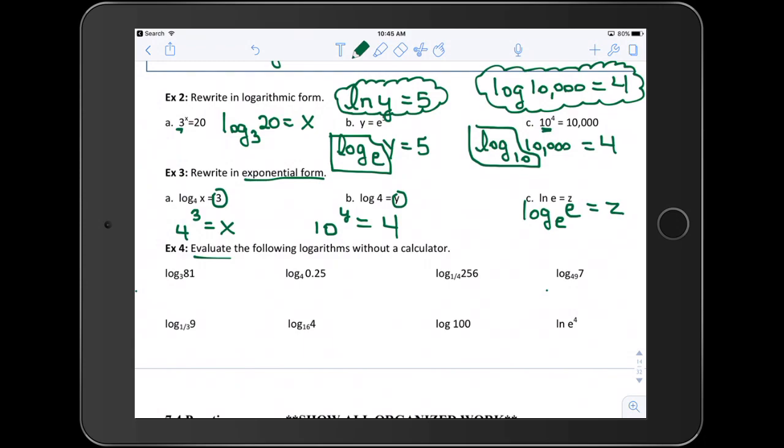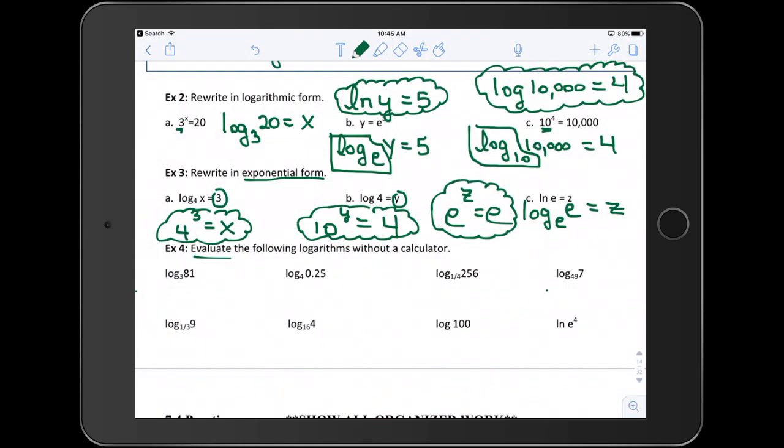So this is base e. I'm going to write over here, e to the z power equals e. And again, all we're doing is writing these in a different form, a form that you're much more comfortable with, since you've only seen logarithms a very short amount of time.